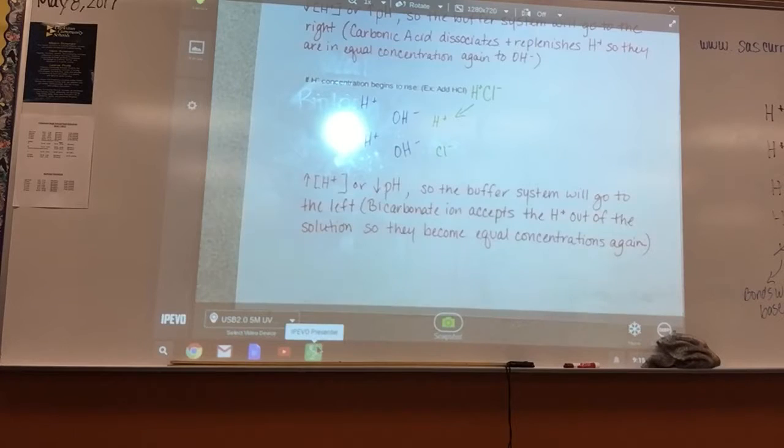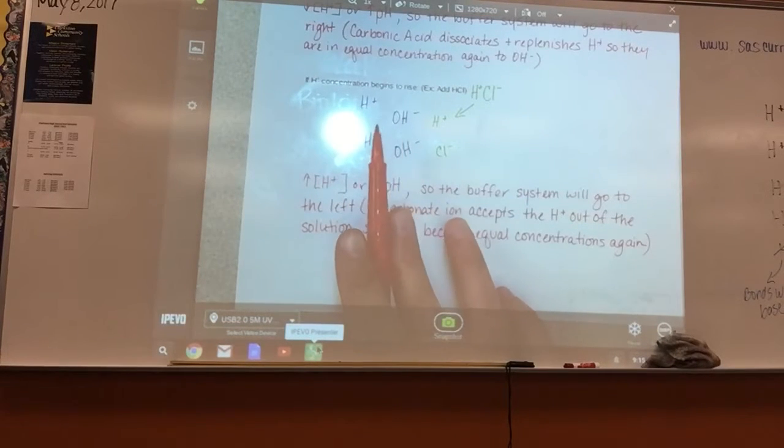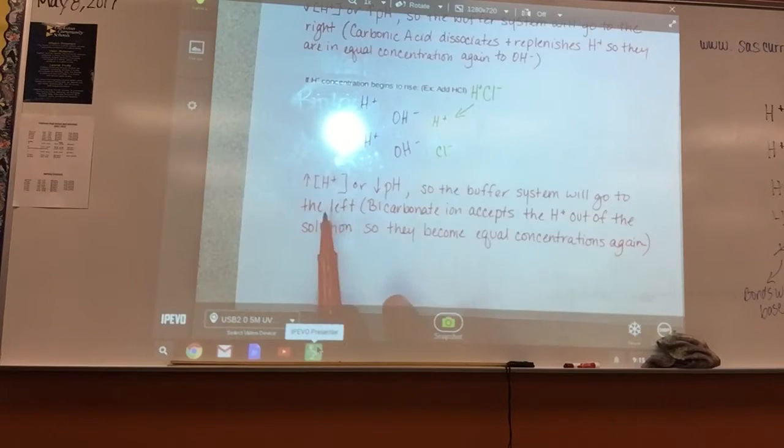And I use the example with pure water, since we're talking about pure water, having a pH of 7 and this buffer system, but I don't want you to think that buffers always make a solution have a pH of 7. A buffer just resists changes in pH. This is only one type of buffer, there are many different types.